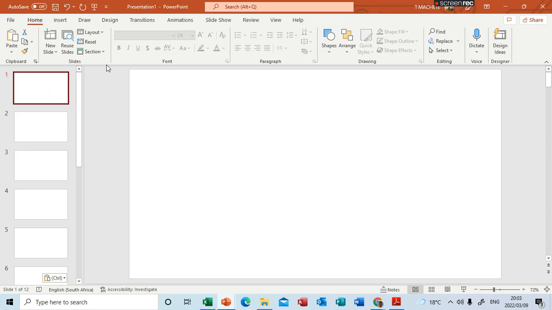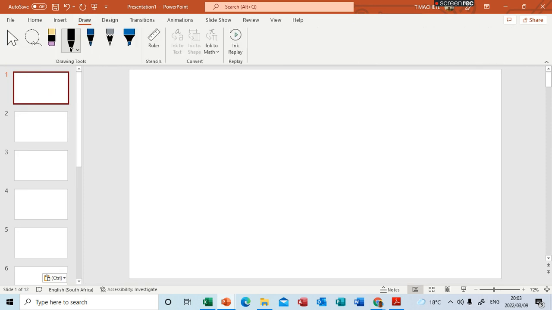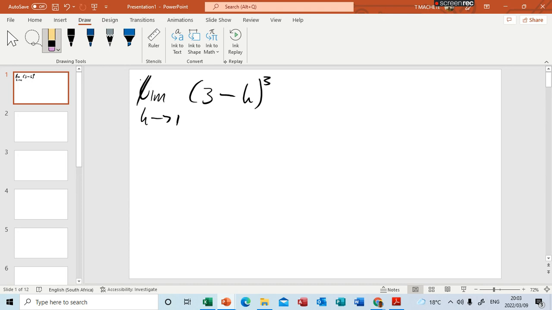If you've got the limit as h approaches 1, then let's say you've got 3 minus h, then squared, then plus 3.